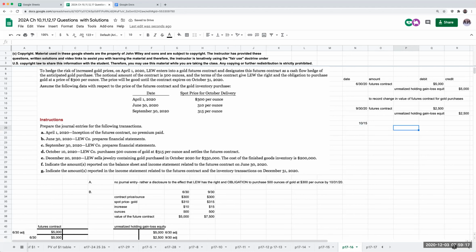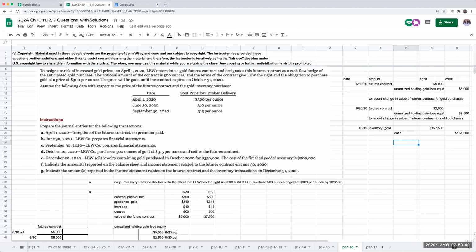So I'm going to be crediting cash, purchasing inventory. This is going to be 315 times 500, or 157,500. I'll be crediting cash.